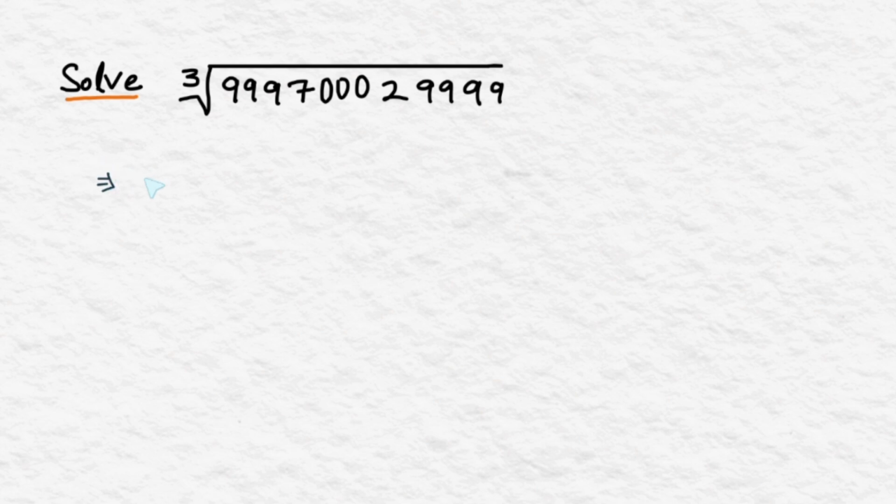First we're gonna write the number as it is. Now let us try to expand this number. We can write triple nine and then followed by 9 zeros.